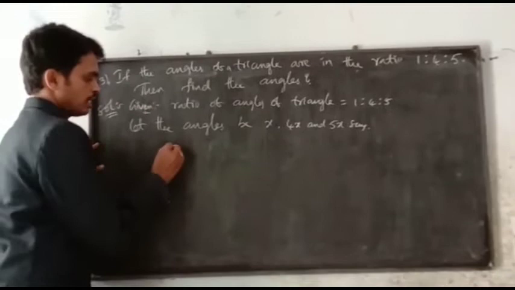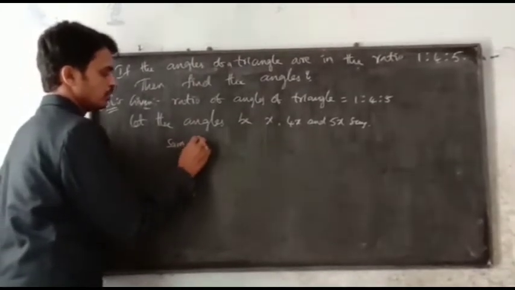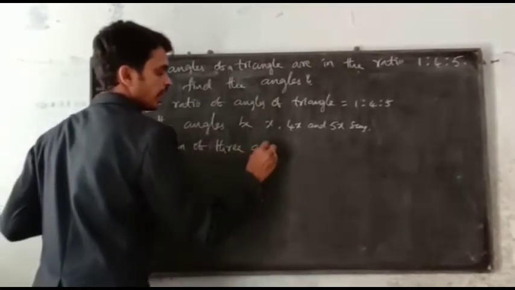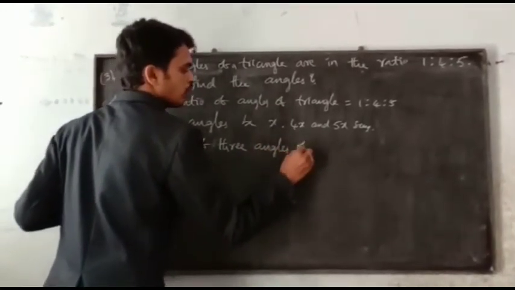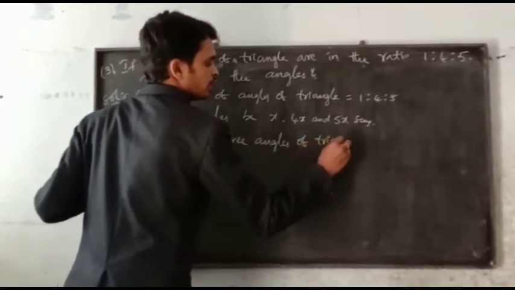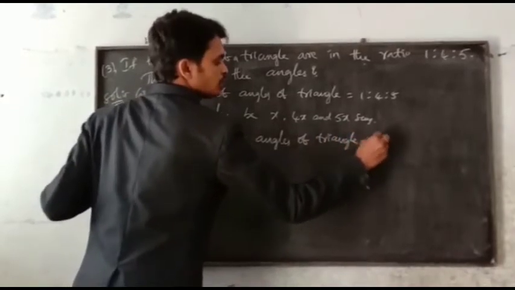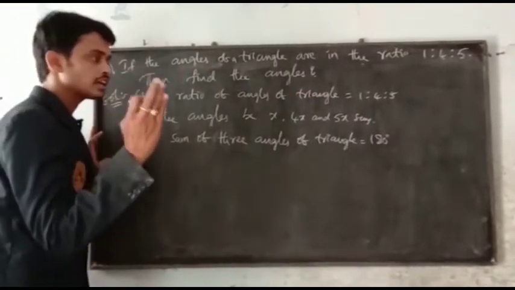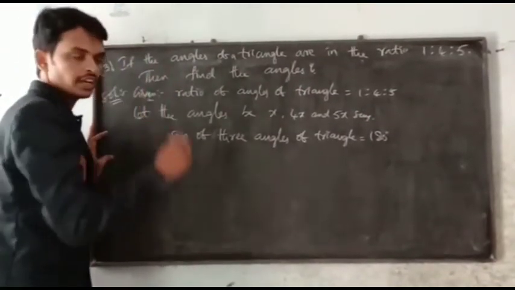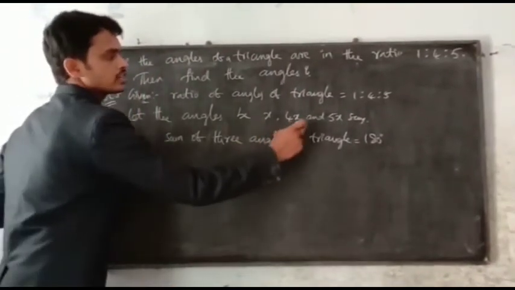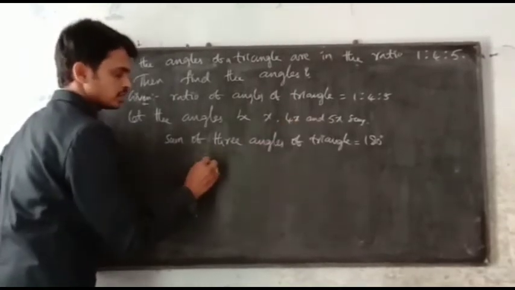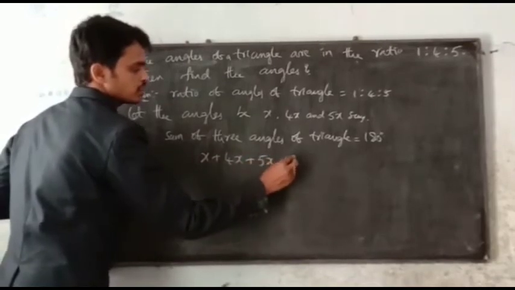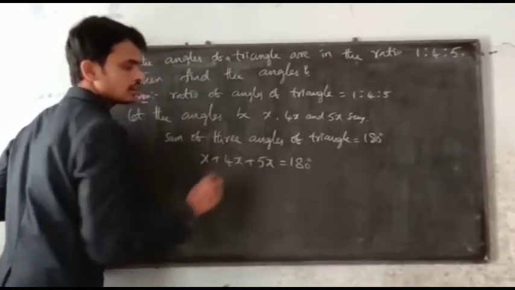So now, angle sum property: the sum of 3 angles of a triangle is equal to how many degrees? 180 degrees. So what are the 3 angles we took? x degrees plus 4x plus 5x is equal to 180 degrees.